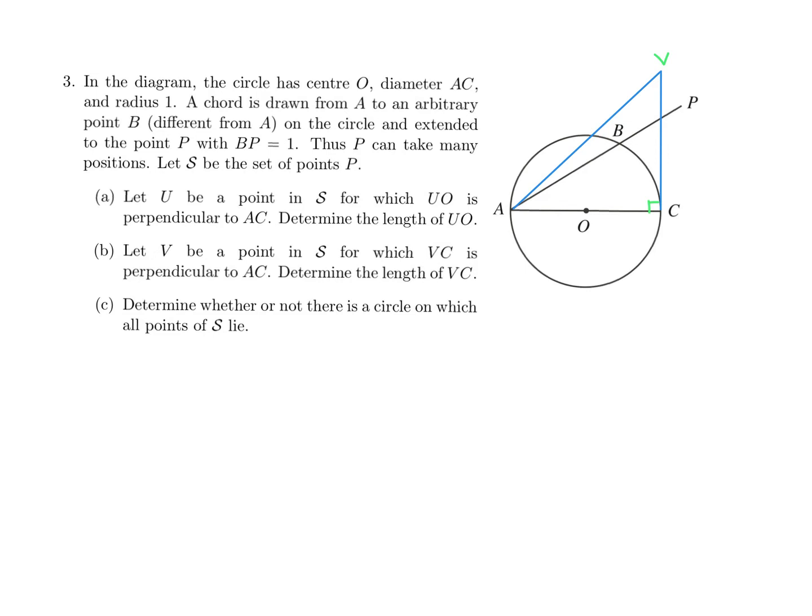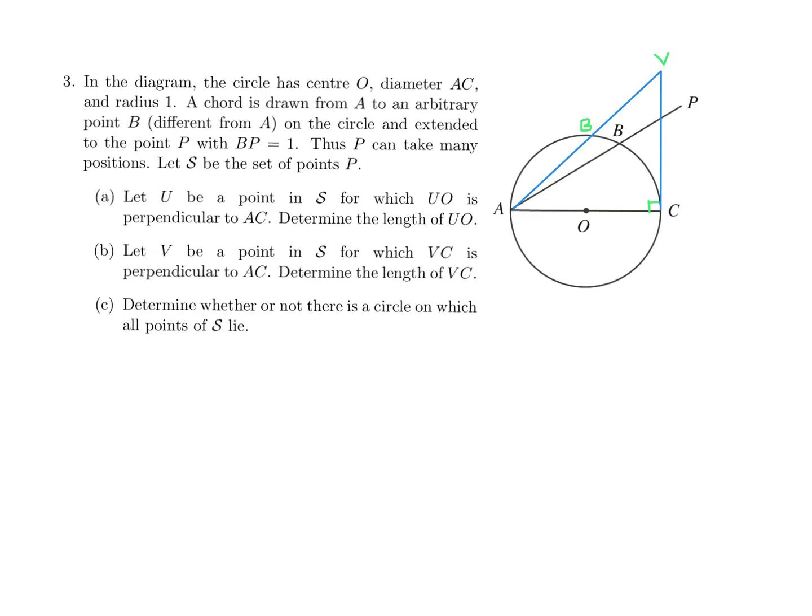Okay, well, as before, the B is where it crosses the circle. So in our example, it was here, but in our particular case now, B is going to be this guy right there. So that's my B. And then the distance from B to any point on S is 1, right?